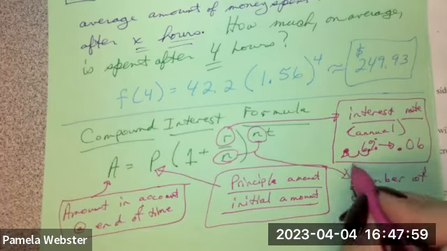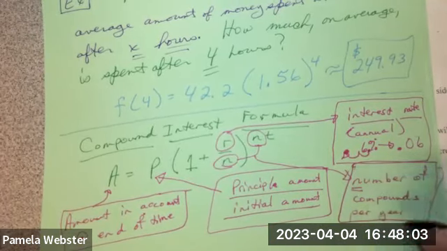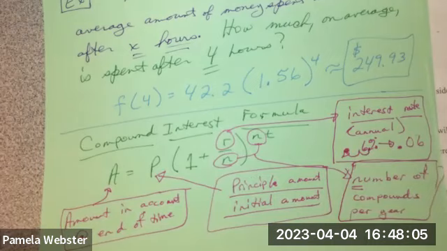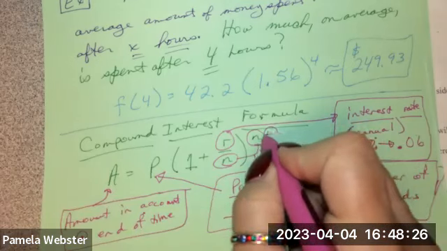Okay, so again, think about that. If it says it compounds once a year, that's a 1. If it says it compounds monthly, how many months are there in a year? 12. So then my N would be a 12. If it says quarterly, how many quarters are in a year? There are 4 quarters in a year, so then your N would be 4. So you're going to have to read the problems and be really careful with what it tells you.